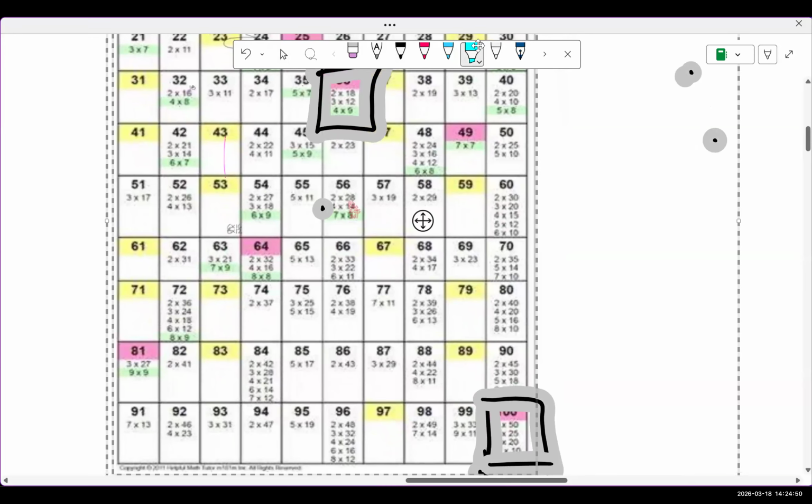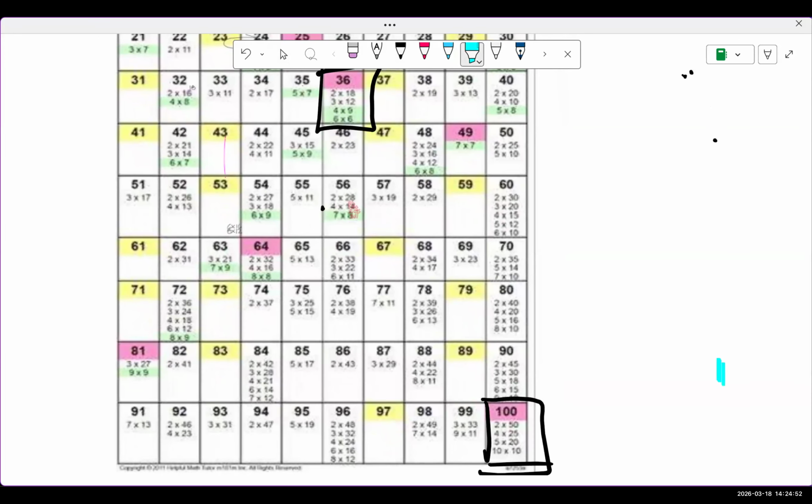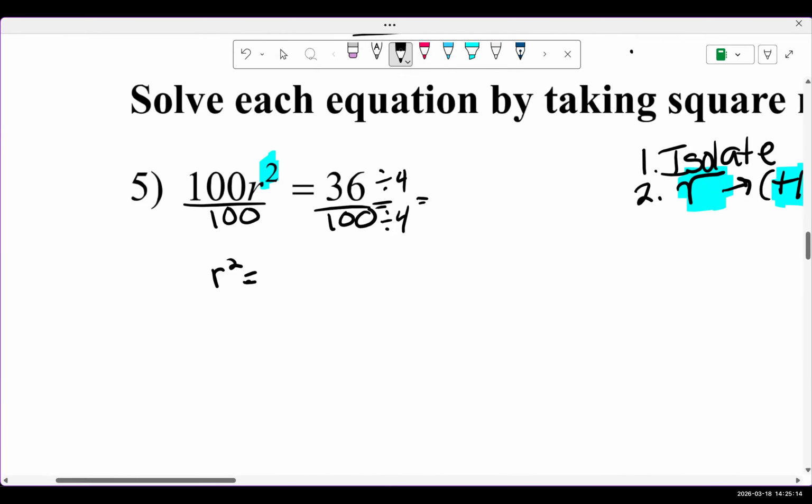It looks like the greatest common factor is 4. Okay, 4 times 9 and 4 times 25. 36 divided by 4 is 9. 100 divided by 4 is 25. Okay, next step. Take the square root, which is actually square root of top and square root of bottom.